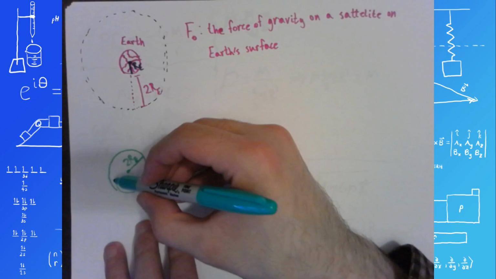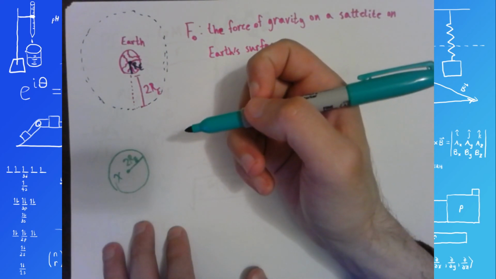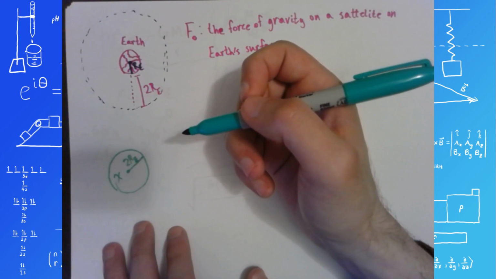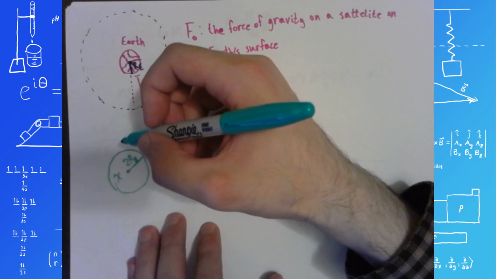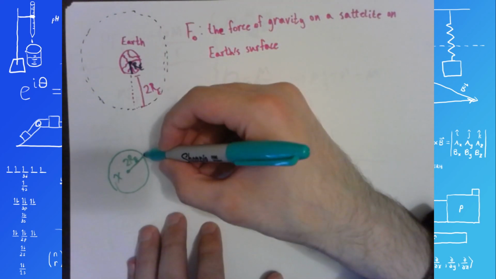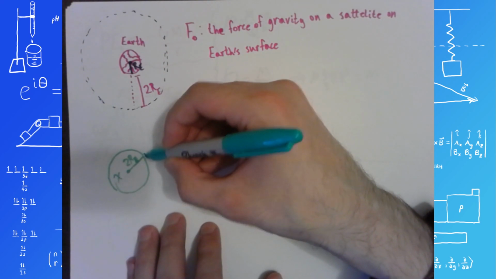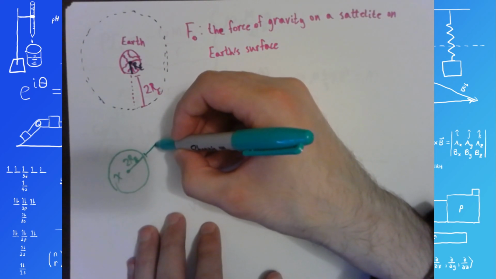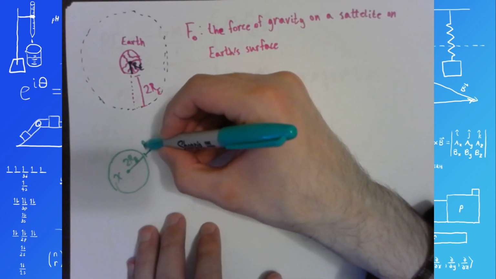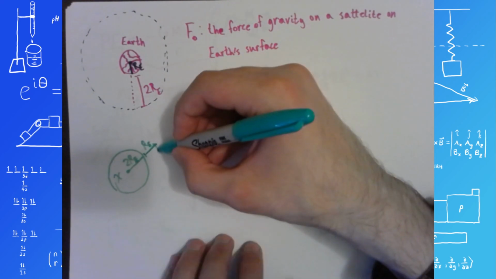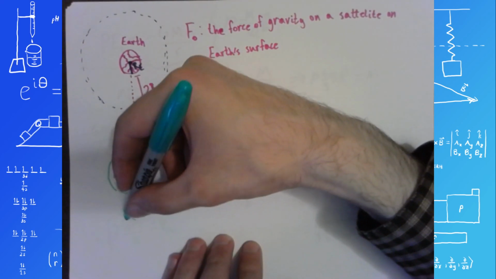Assuming that planet X has the same density, and then if it orbits at an altitude of 1 Earth radius, what will the force on it be then?